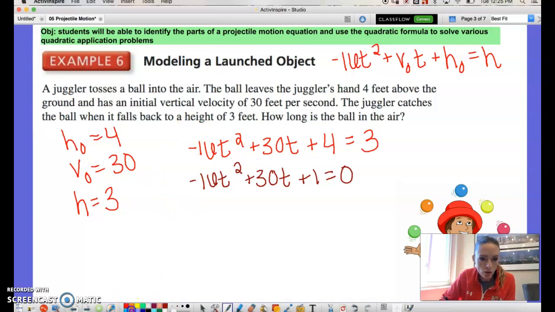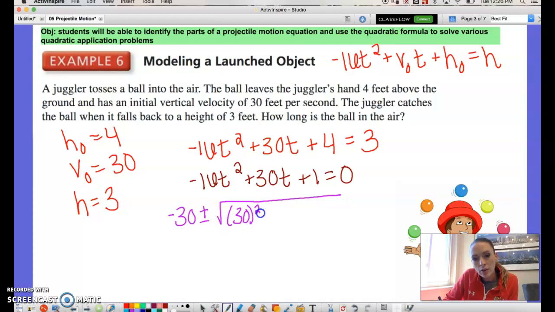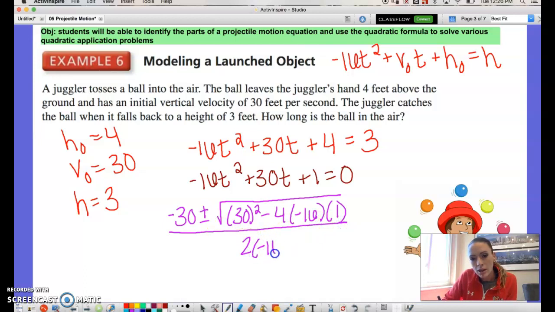When you go to your quadratic formula, it's going to be the opposite of b, plus or minus the square root of b squared minus 4 times a times c, all over 2 times a.